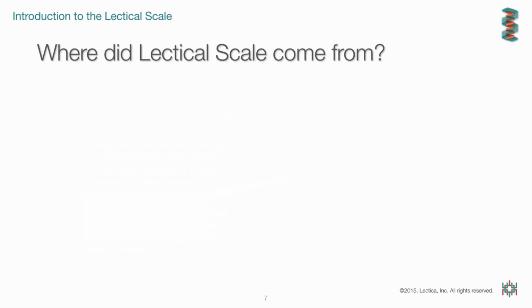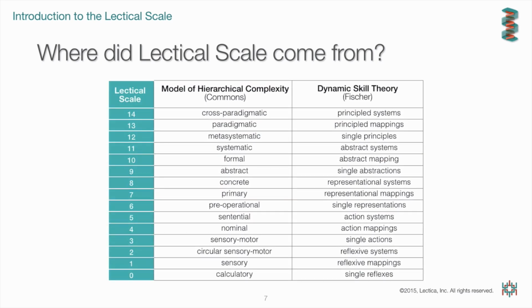That said, although the lectical scale has emerged from the neo-Piagetian tradition, our understanding of learning and development borrows from observations made by researchers in many traditions, including social learning theory, constructivist pedagogy, prospect theory, and developmental neuroscience, not to mention our own work.